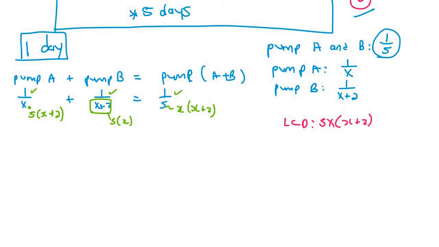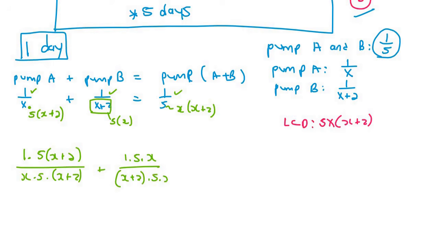So we're going to end up with 1 multiplied by 5 multiplied by (x+2) over x times 5 times (x+2), plus 1 times 5 times x over (x+2) times 5 times x, equals 1 times x plus 2 over 5 times (x+2).